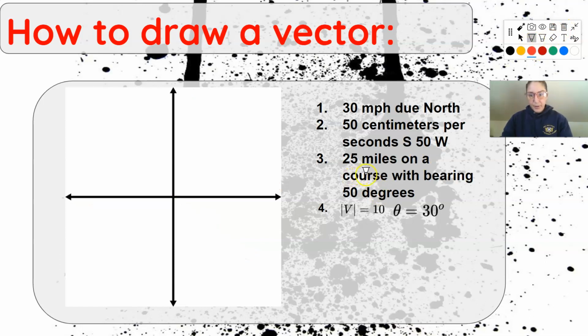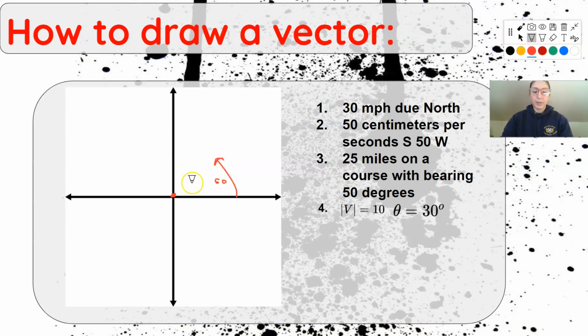Okay, what if I say 25 miles on a course with bearing of 50 degrees? Now notice I didn't say south something west or north something east. If you don't see that, with the bearing of 50 degrees, we're going to assume that's from the horizontal axis here. So we're going to go here and open up 50 degrees, which is a little over halfway.